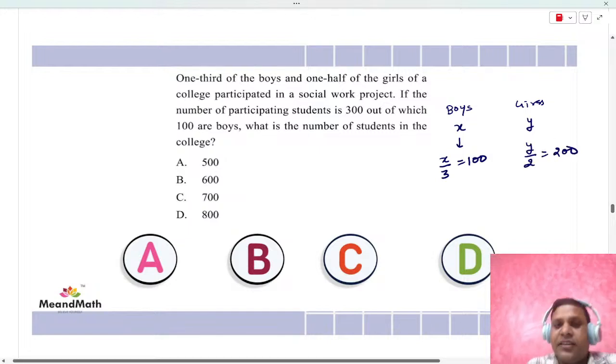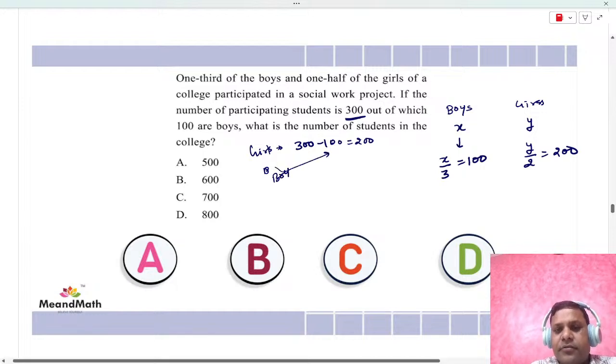How did this come? Look at the total participated, 300, and 100 boys. So 300 minus 100 is equal to 200. That is the girls. So x is equal to 300 and y is equal to 400.